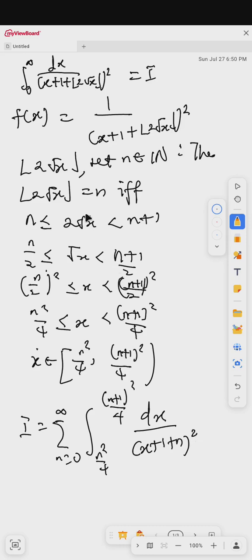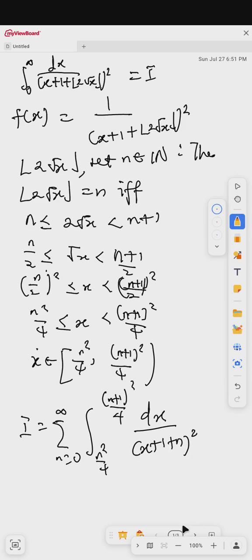Since we've substituted the floor function of 2 root x to be n, we have to put n here instead of the floor function of 2 root x. So the question is now becoming easier since we've transformed this to an easy integral. What you have to do next is to integrate this integral correctly.